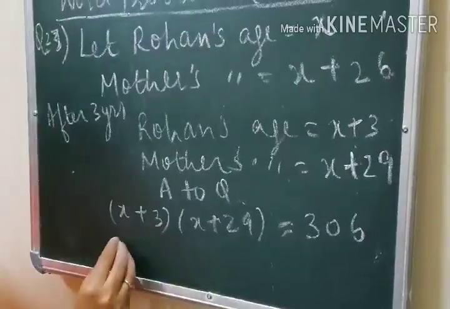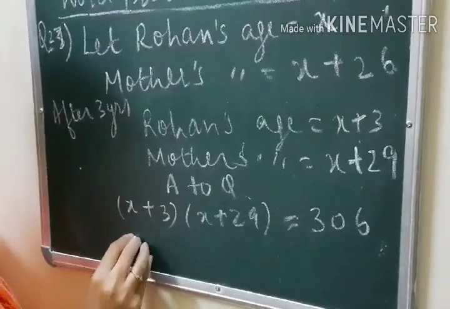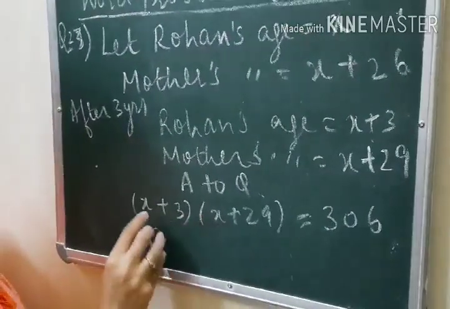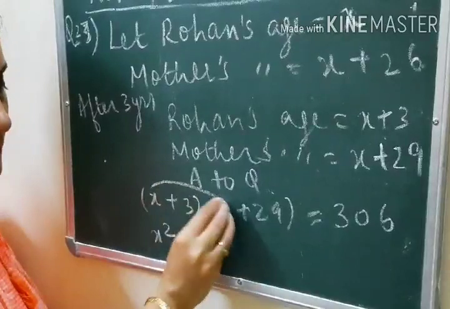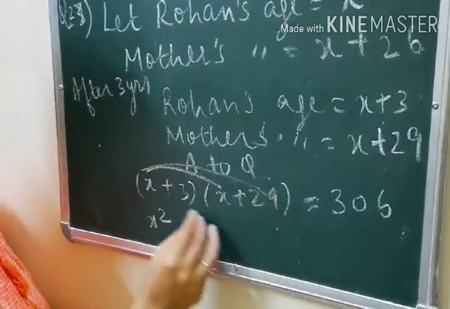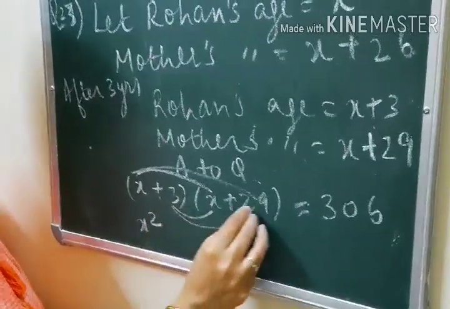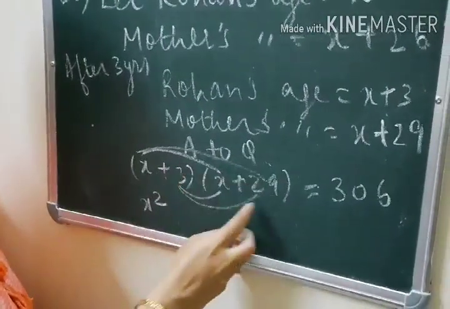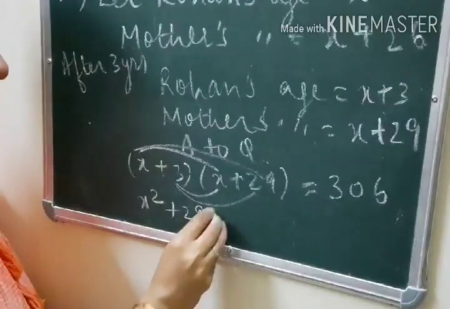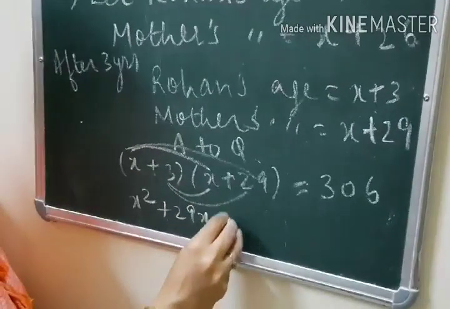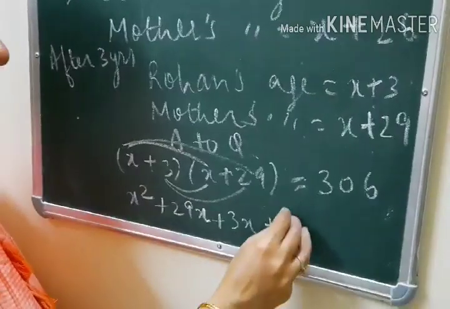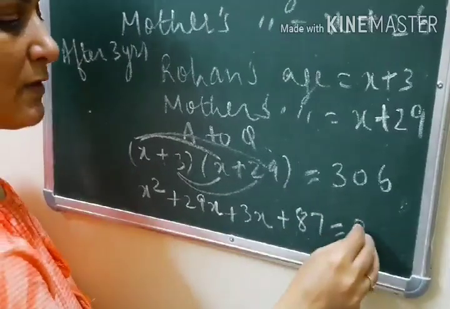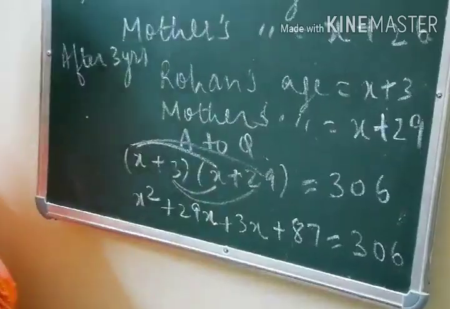So just make the equation x into x, x square. Whenever you solve the brackets, first you multiply this x with x, then you multiply this x with 29. Then 3 into x and then 3 into 29. So x into x is x square, x into 29 is 29x. Then 3 into x is 3x and 3 into 29 is 87 is equal to 360.